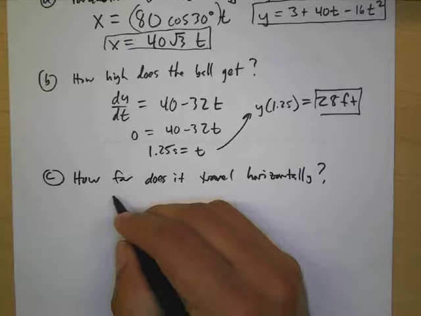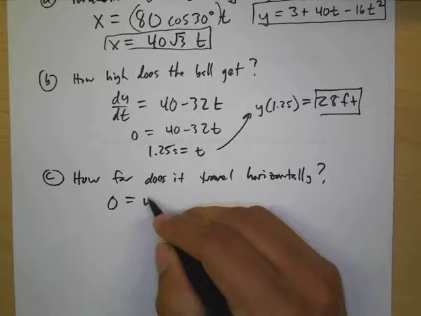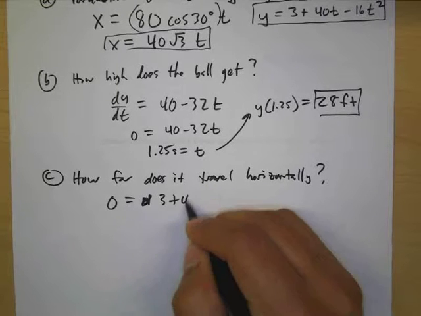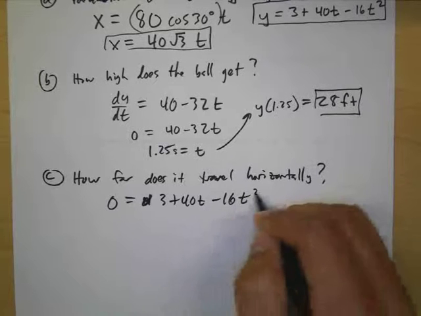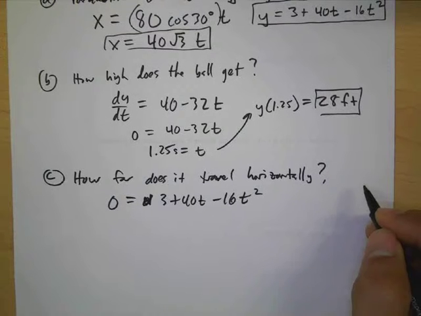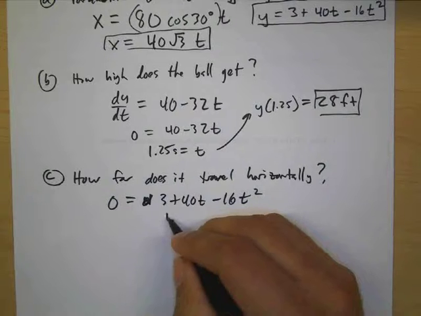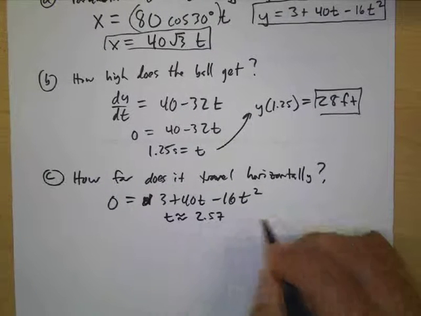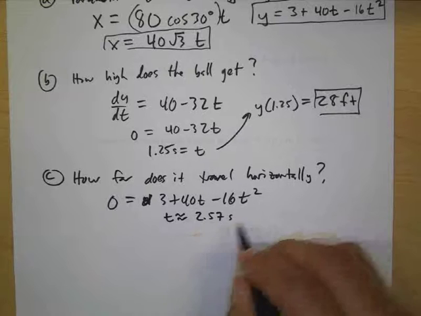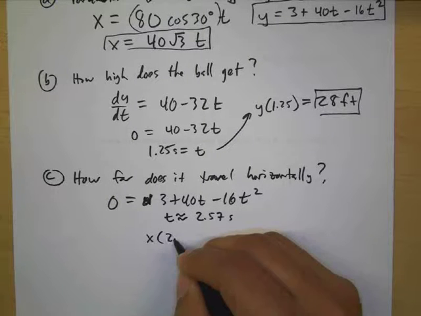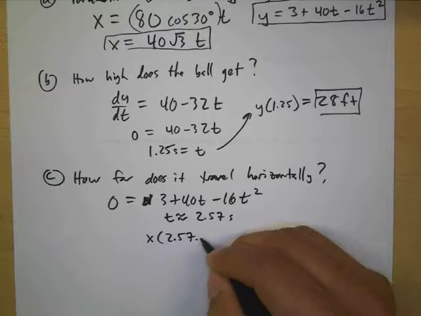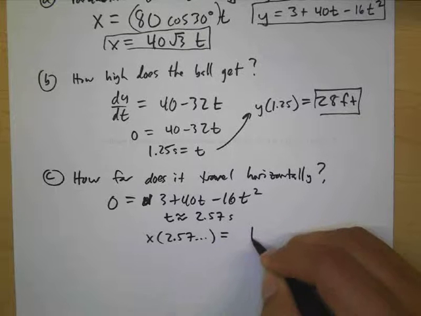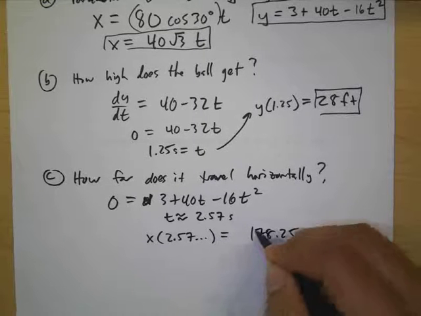So 0 is going to be 3 plus 40t minus 16t squared. You guys know how to solve that, right? Let's just cut to the chase. T will be approximately 2.57 seconds. Plug into x, and we get 178.25 approximately.